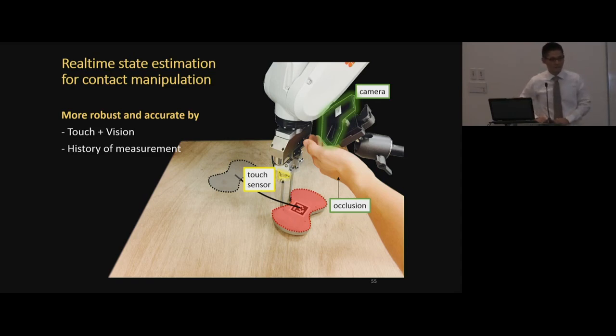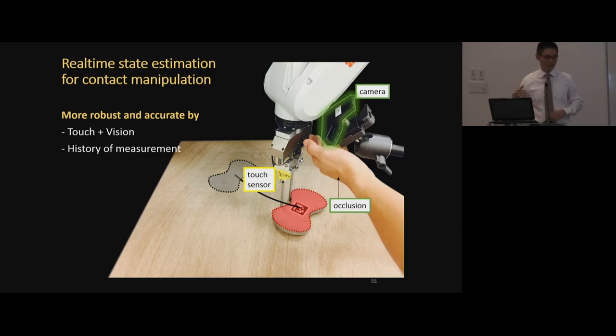In your second project, you shared results of vision-only tracking of objects while pushing, and also touching and vision. Do you have any results of just using touch? Yes, we had some ablation tests, and the result is that we cannot keep on blindly predicting for a very long trajectory.